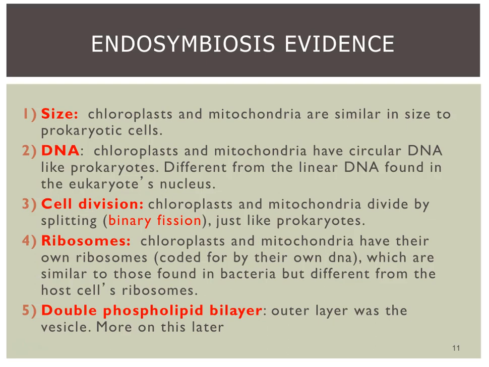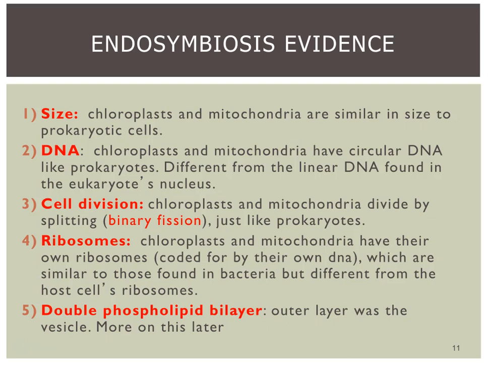We start to get more interesting evidence when we get into the DNA, because both chloroplasts and mitochondria have circular DNA, just like prokaryotes. This is very different from the linear DNA that you find in the nucleus of a eukaryote.